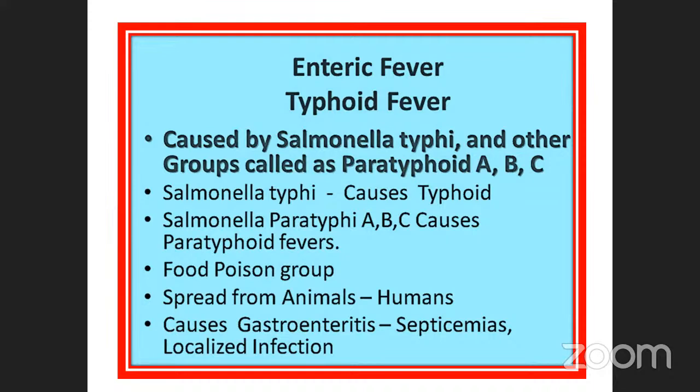The food poisoning groups spread from animals to human beings, causing gastroenteritis, septicemia and localized infections. They also spread through animals. The causative organism is the same, but it also spreads through animals.